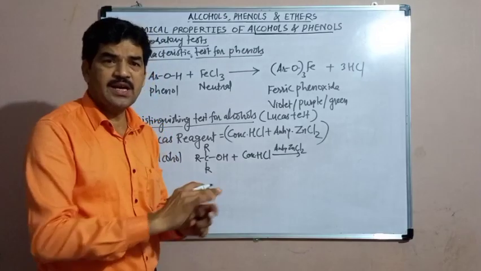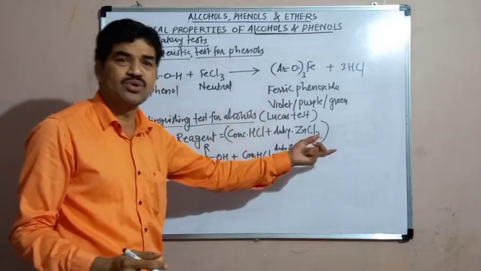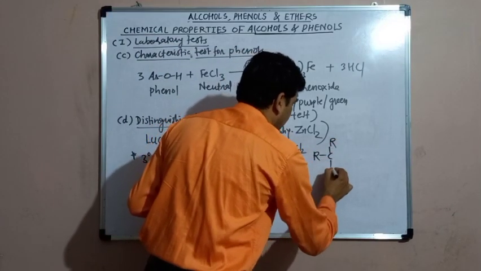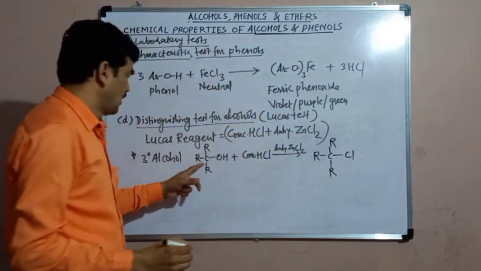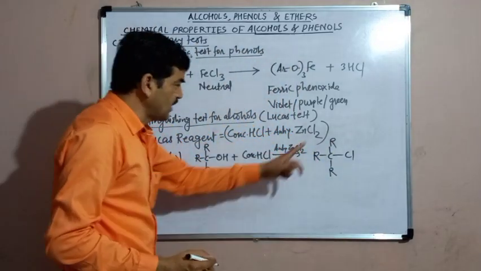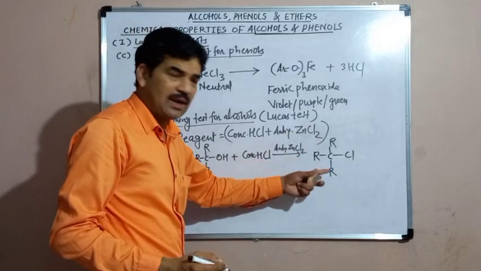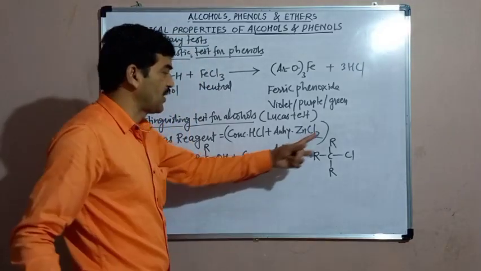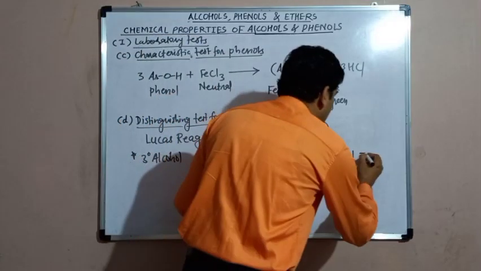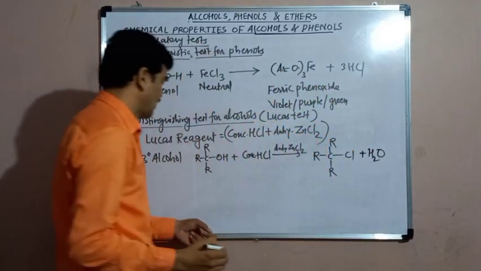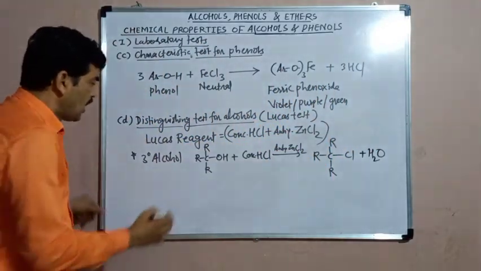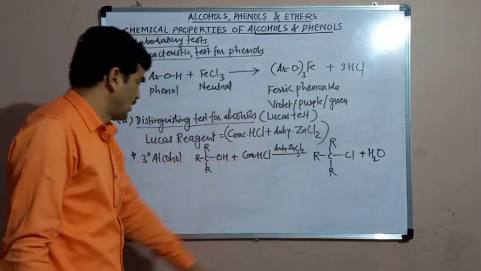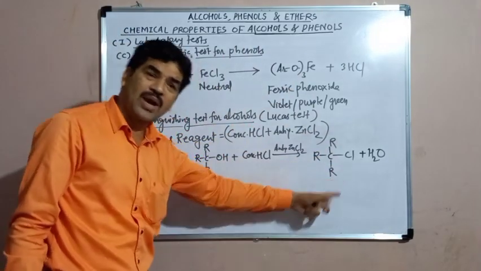A clear transparent solution gets converted into a turbid solution. The turbidity is due to the formation of alkyl chloride. Alkyl chloride is water insoluble, and being water insoluble it forms the turbidity. This occurs immediately, within a minute. The tertiary alcohol is converted into the alkyl chloride immediately.